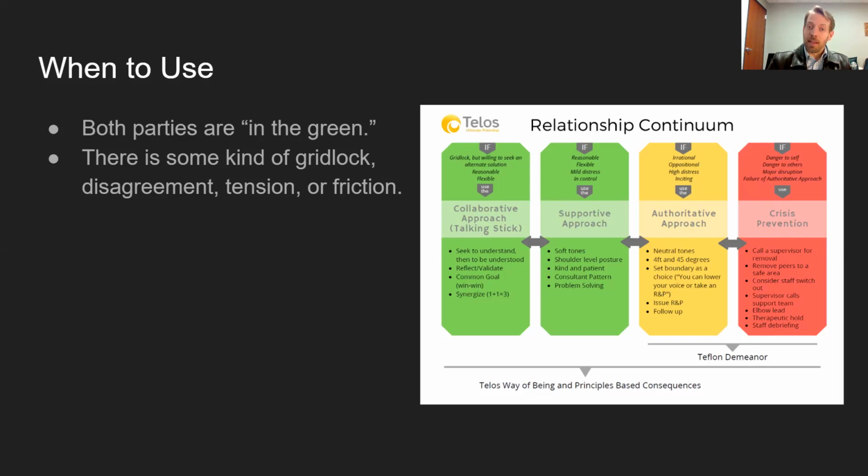We won't train on that in this particular webinar right now and encourage you to take a look at it. But when we talk about the talking stick, the student needs to be in the green, not in the red where they're in full-blown crisis mode, or the yellow where they're in a great deal of stress and no longer able to operate in a way that's reasonable and rational.